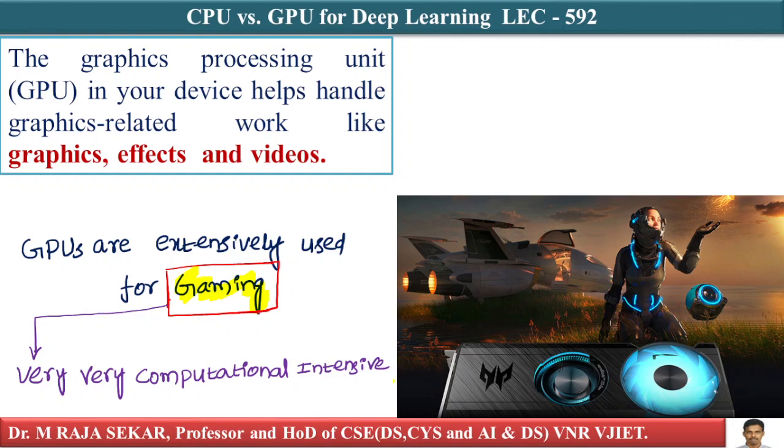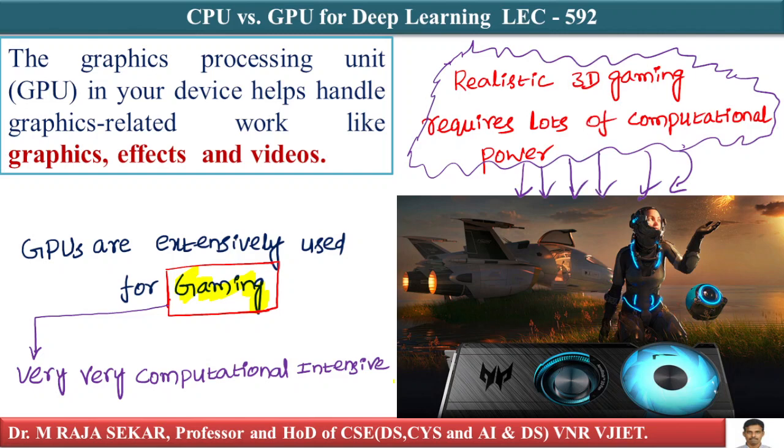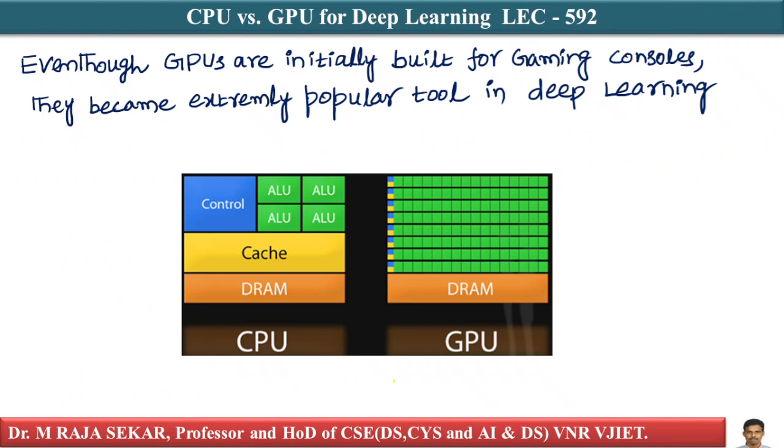Realistic 3D gaming requires lots of computational power, and that additional computational power comes from GPUs. Even though GPUs were initially built for gaming consoles, they became an extremely popular tool in deep learning.